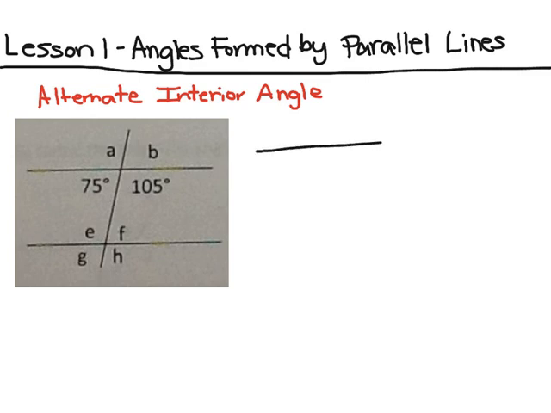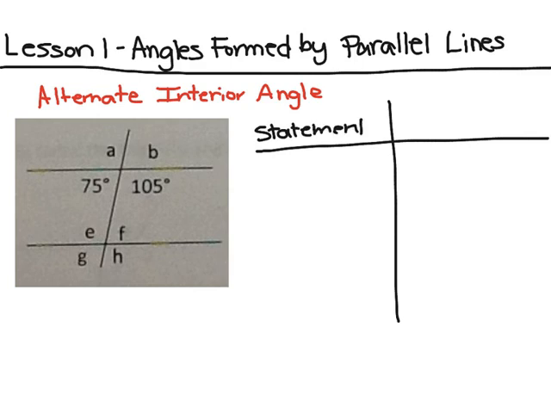Set up a T-chart, and on the left side, it's going to say your statement, and the right side is your justification. So why, basically. Our example says we want to find all the alternate interior angles and show them in a two-column proof.